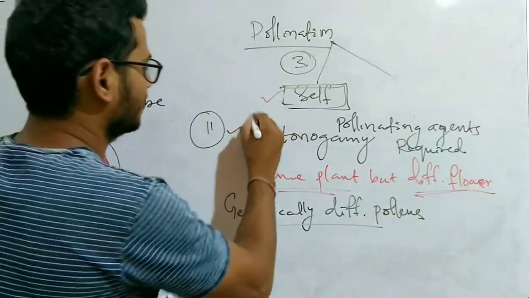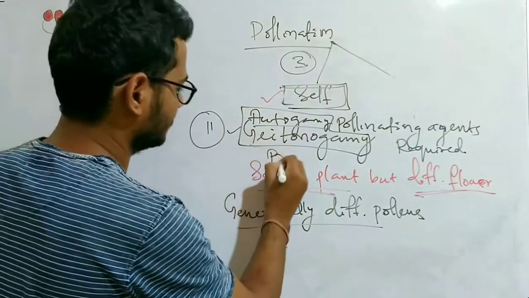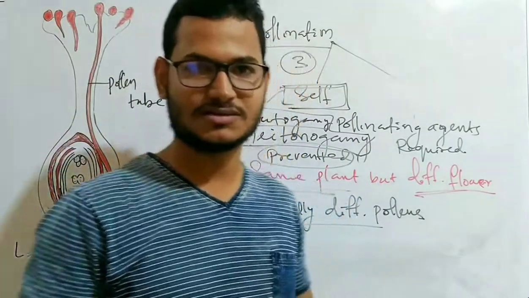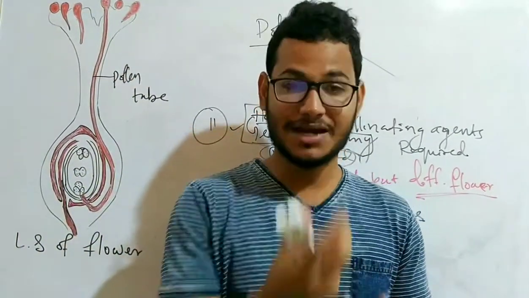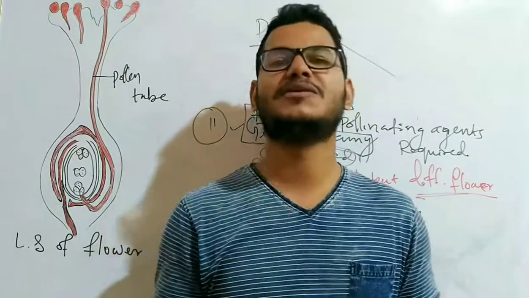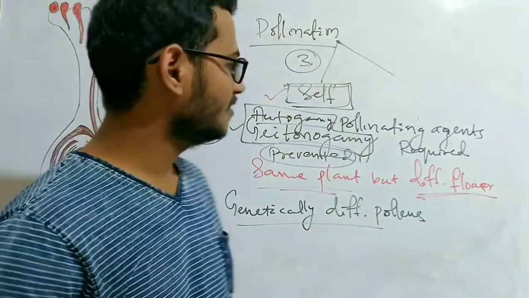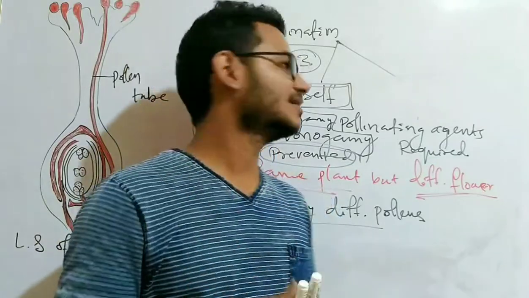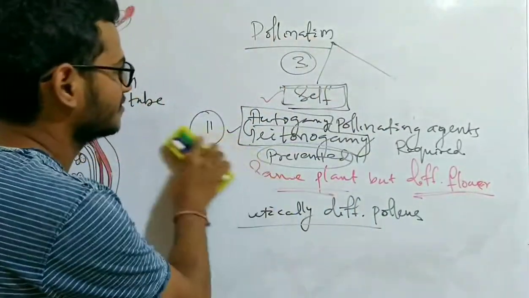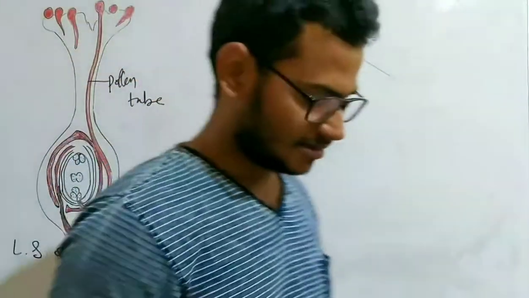Both autogamy as well as geitonogamy are prevented in case of unisexual flowers, because when the plant is a male plant, it will only carry the male reproductive part of the flower, and when it is a female plant, it will only carry the female reproductive part. So only cross pollination occurs in case of unisexual flowers. Clear? So now let's discuss the third type of pollination, that is xenogamy or cross pollination.